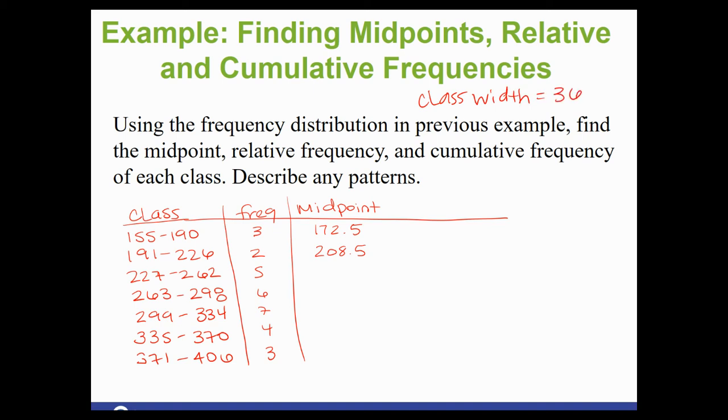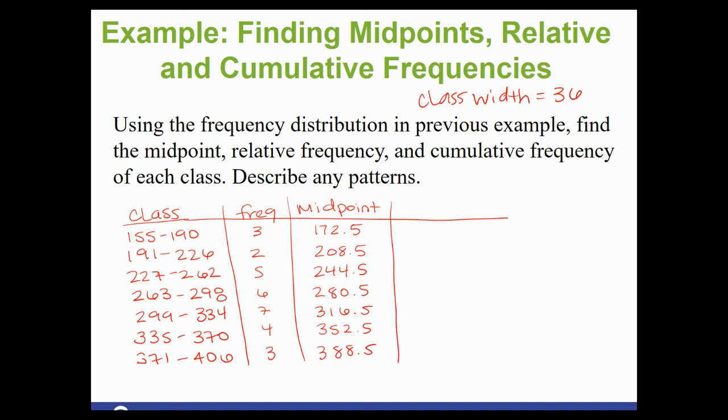So that 208.5 plus 36 gives us our next number. And if we add 36 again, and again, we can fill in this whole column. There we go. We've got all our midpoints.